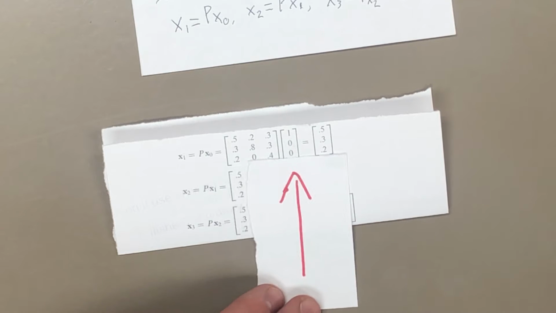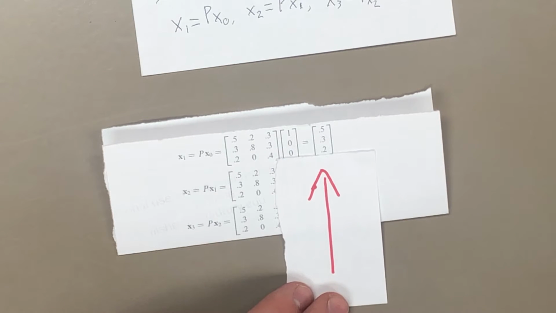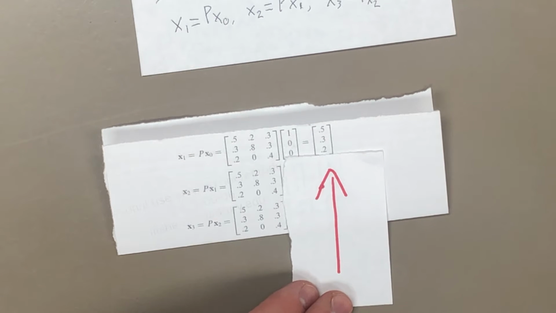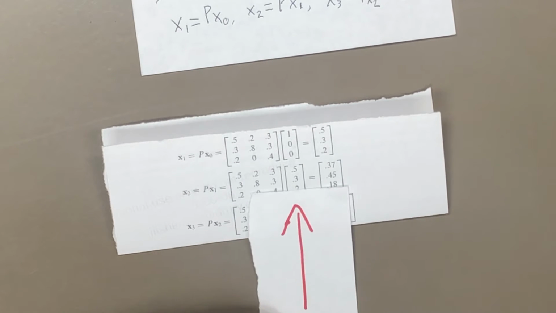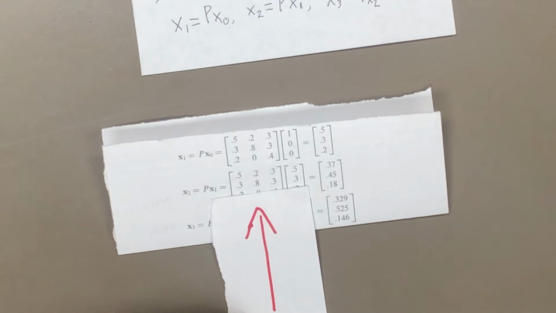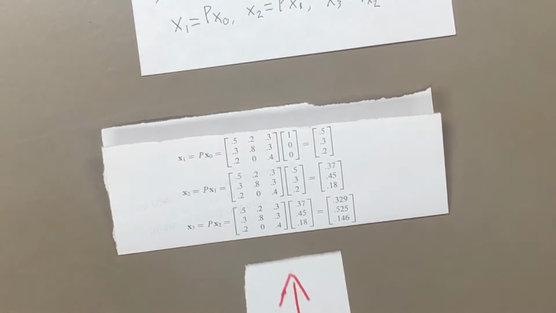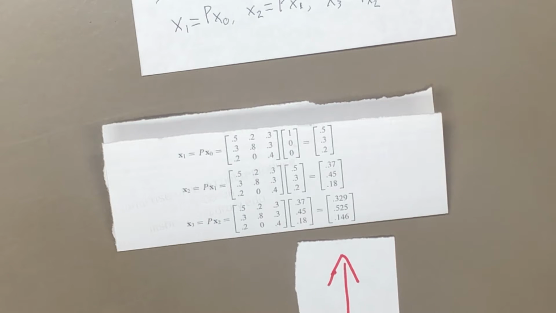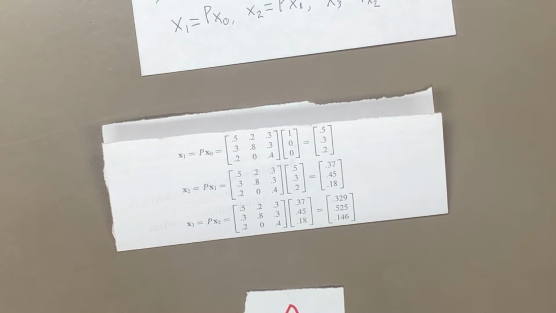And then whenever we multiply these two together, we get 0.5, 0.3, 0.2, which is another probability vector. And so if we take this 0.5, 0.3, 0.2 and we move it down here and multiply it by the same matrix, we get 0.37, 0.45, 0.18. And we can continue this pattern on and on for however long we want. And every time we will be multiplying the stochastic matrix times a probability vector, and then get a probability vector as the answer, and plug it into the next equation.